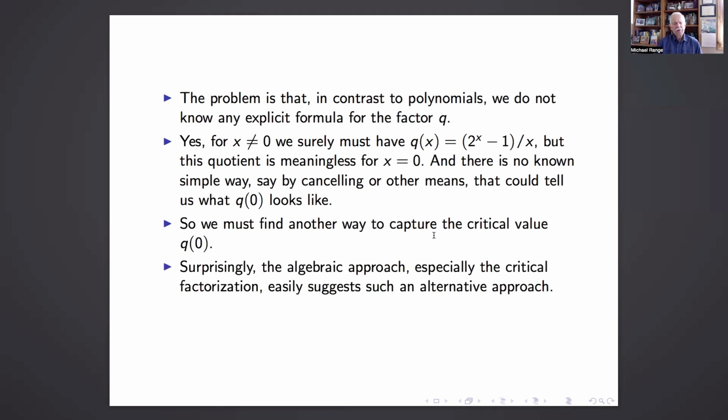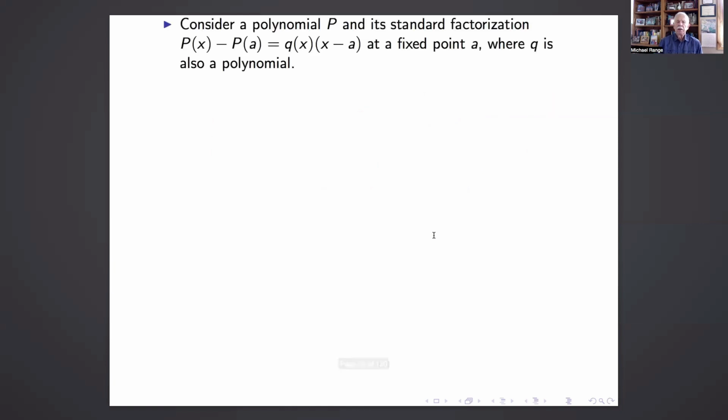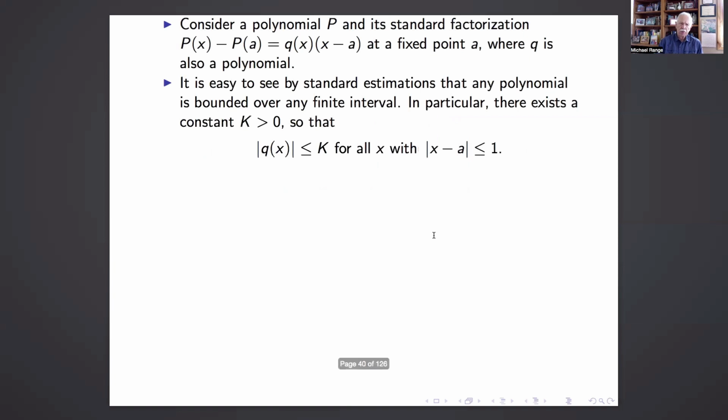Surprisingly, the algebraic approach, especially the critical factorization, easily suggests such an alternative approach. Consider a polynomial p and its standard factorization, p at x minus p at a is equal to q at x times (x minus a), where q is also a polynomial.